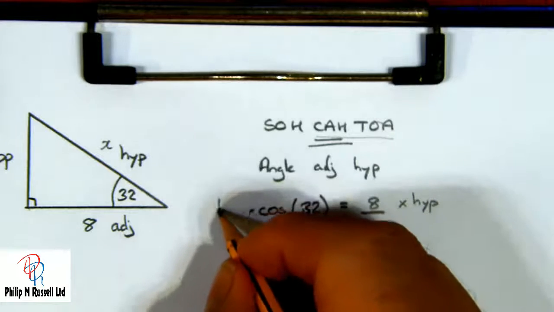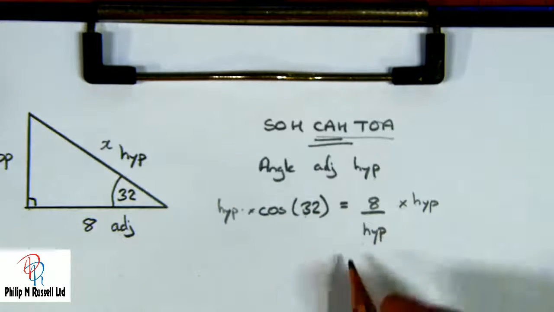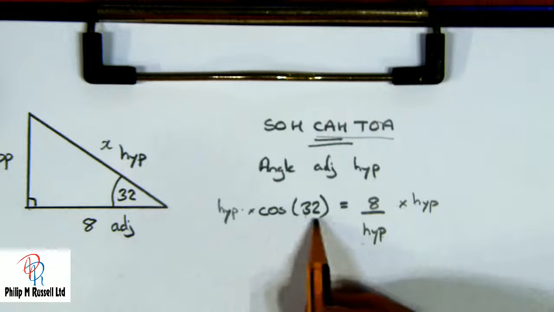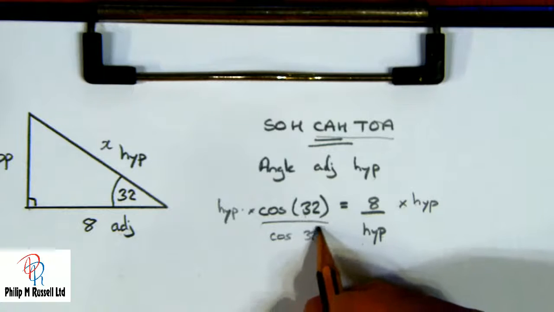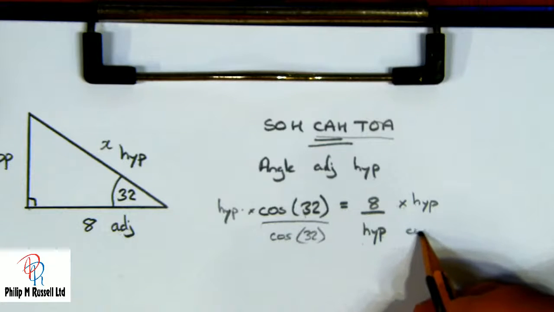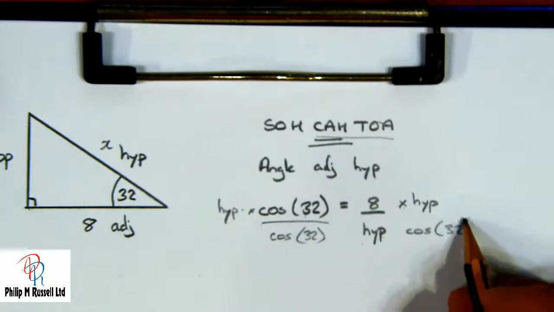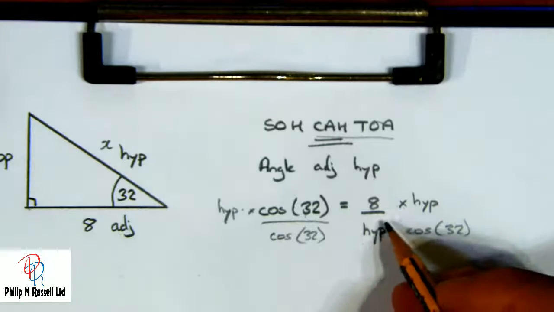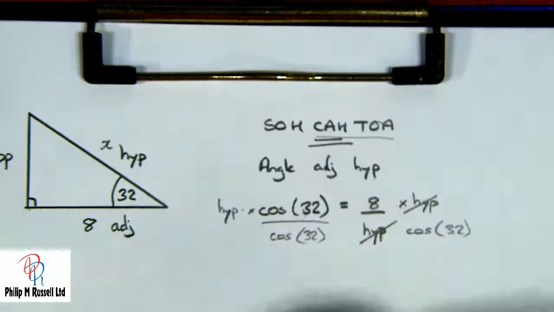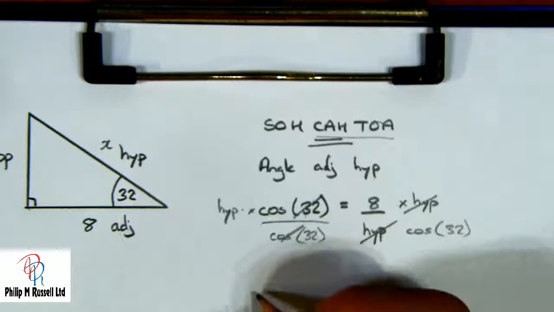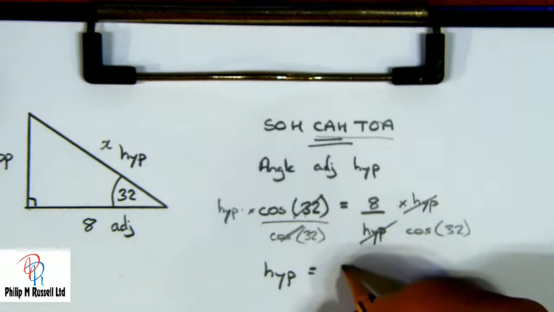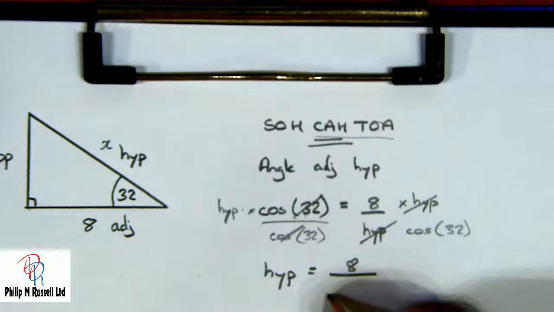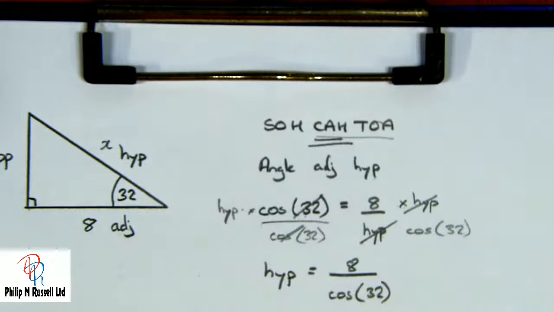I'm going to multiply this by the hypotenuse. I don't want this cos, so I'm now going to divide both sides by the cos of 32. After a bit of practice, you can see that this is going to be the same all the time, and so I've got my hypotenuse equals my side divided by the cos of 32.